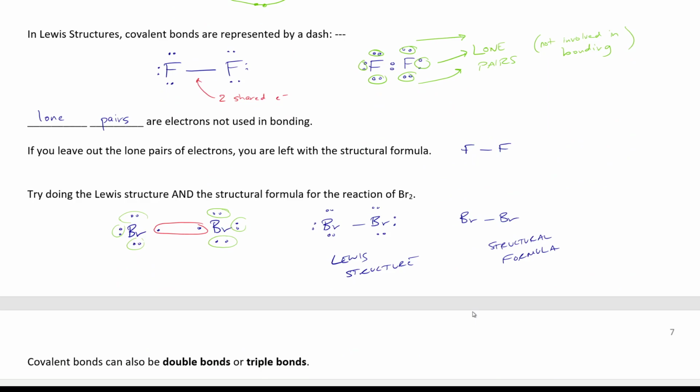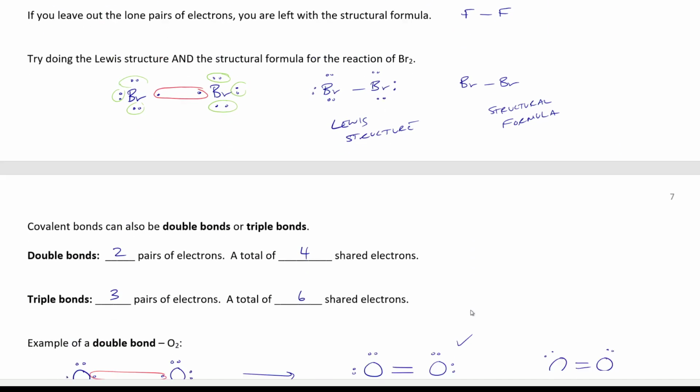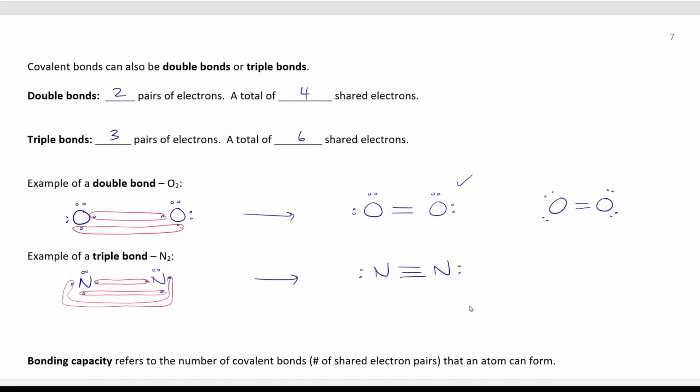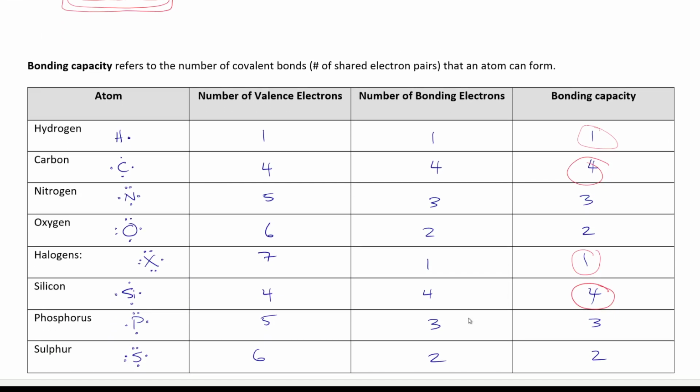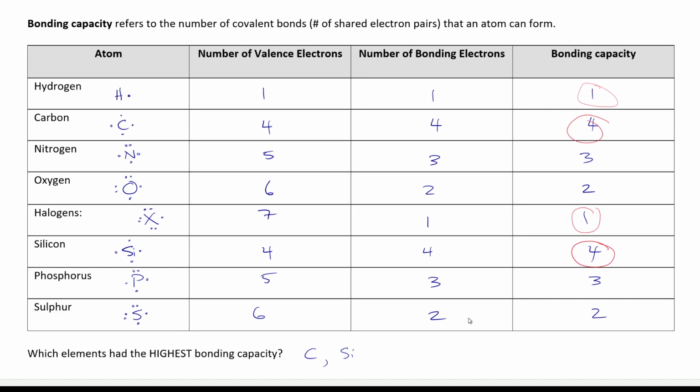We did a brief introduction to Lewis structures and structural formulas. We talked about double bonds and triple bonds. And then we also looked at bonding capacity for individual atoms, right? And again, bonding capacity refers to the number of covalent bonds that an atom can form. And so we look at the number of unpaired electrons, and that is our bonding capacity.